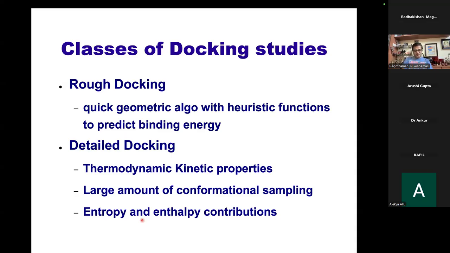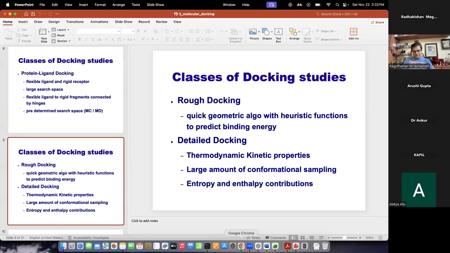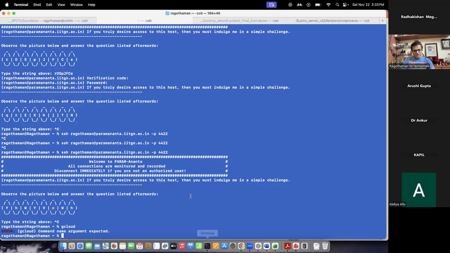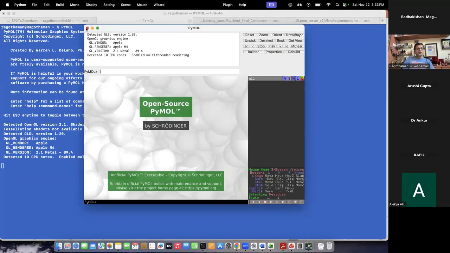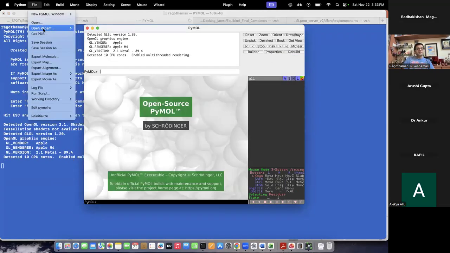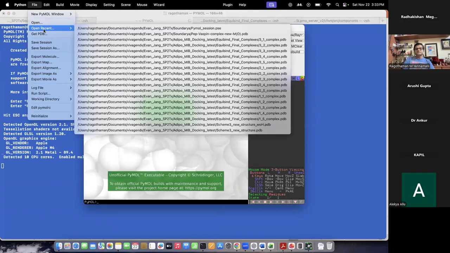The easiest way is to go to PyMOL. Let me see if I have a structure I can show.